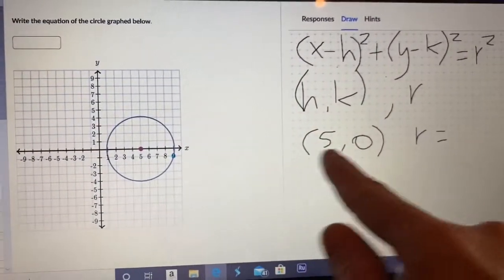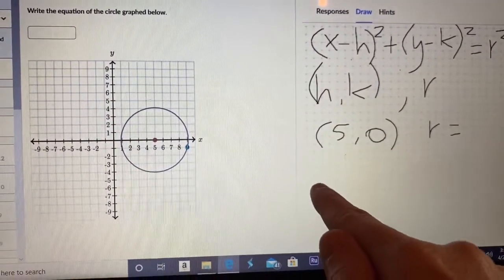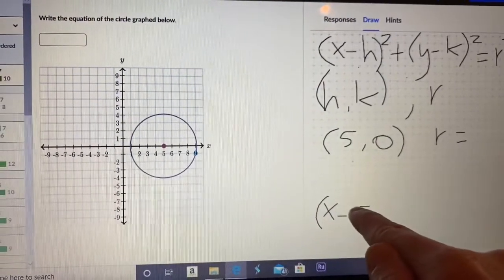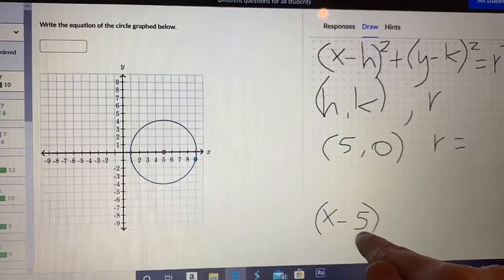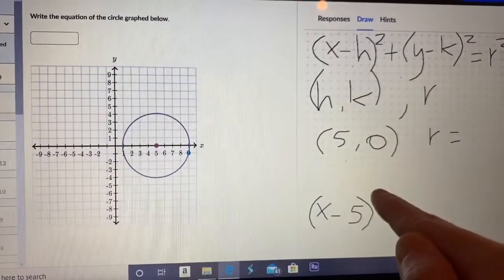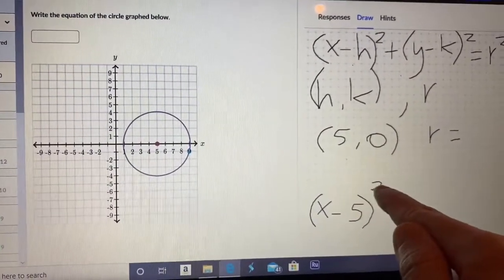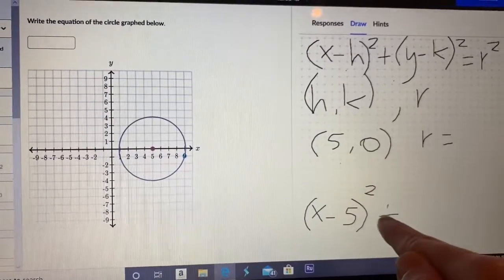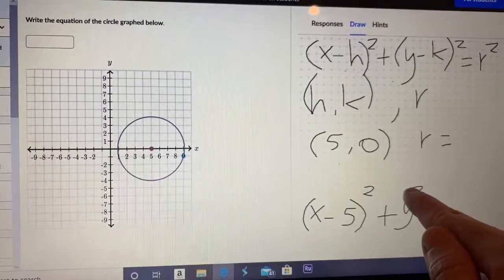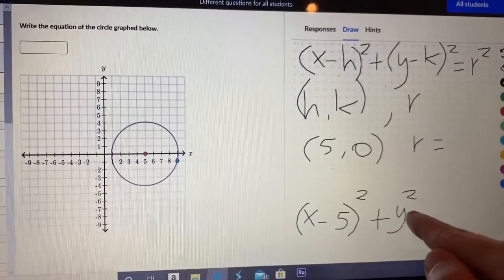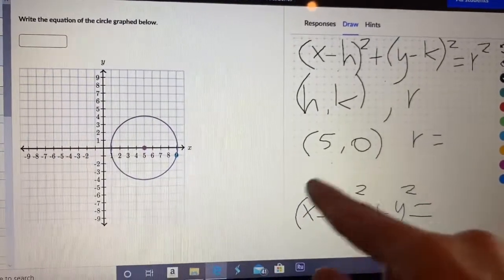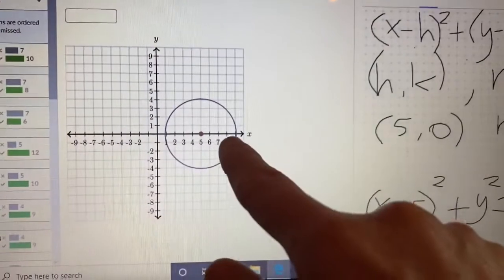But from just having the center, hopefully you understand that you can go in and write x minus 5, because the equation has minus in it, so it really looks just opposite of what's actually there, squared, plus y minus 0, hopefully you realize it's just y. So we're just going to put that part, plus y squared equals, now we've got to find the radius, but you can get the entire left side just by knowing the center.